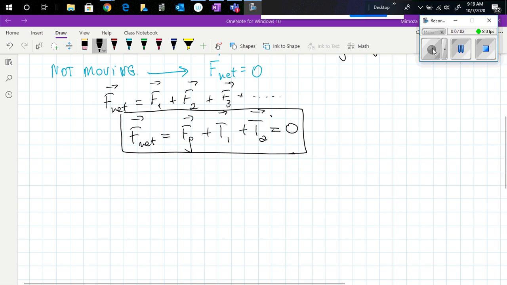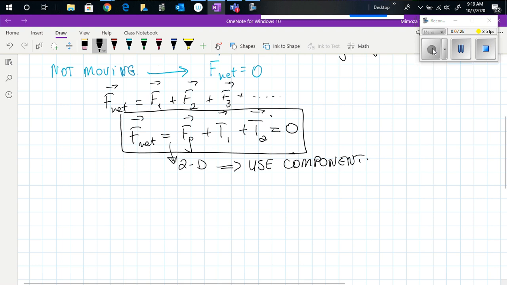So now this has turned into an adding vectors question, because this is a 2D situation, meaning the vectors form a certain angle with the horizontal or vertical. Therefore, we will use components.